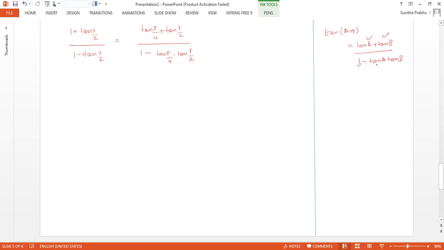Now we need an extra tan a. That extra tan a is written in place of this 1 in front. Tan x by 2 is 1 into tan x by 2. That we are putting as tan pi by 4, just for us to get the same form. Then we get this as tan of pi by 4 plus x by 2. All right? Okay, sir.